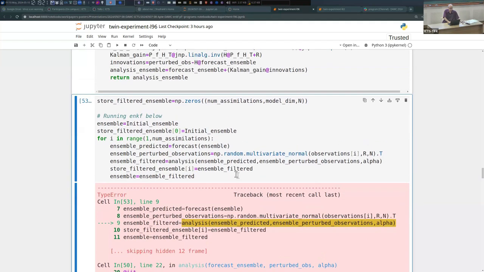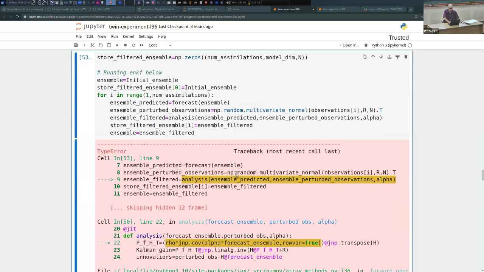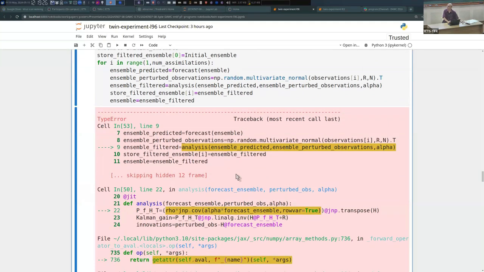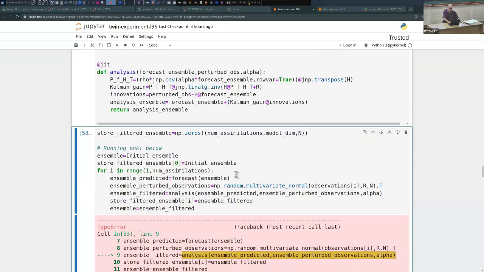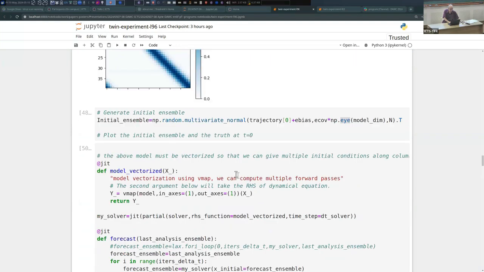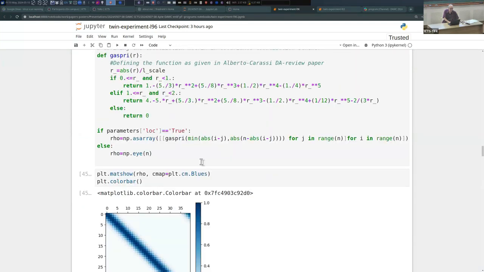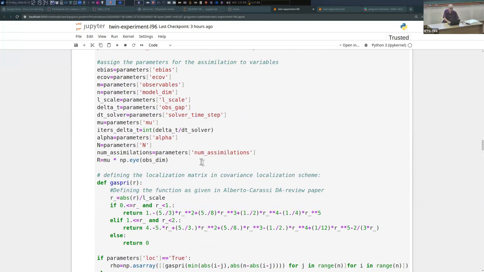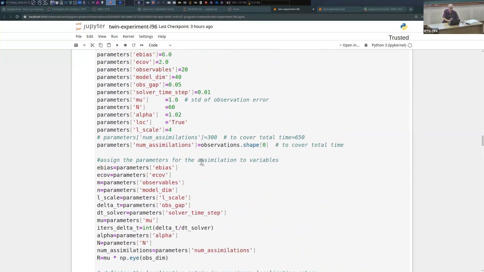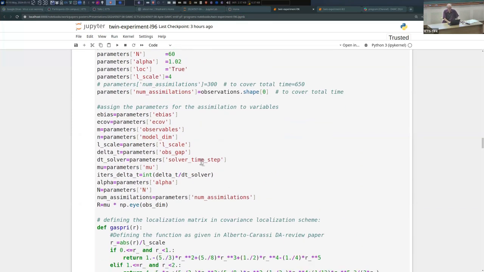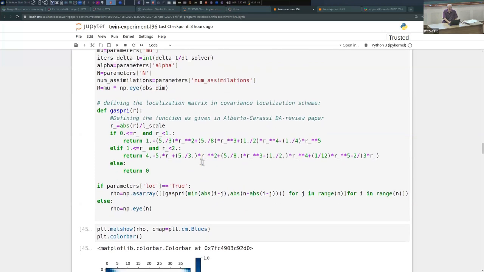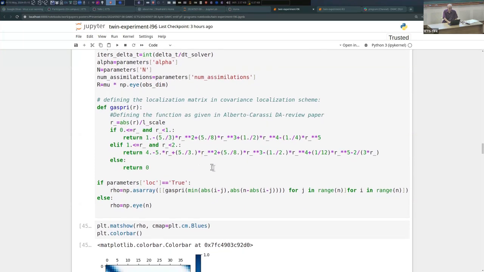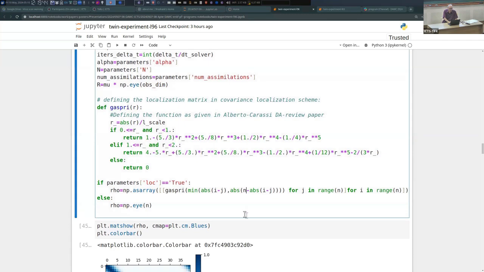Why is it still wrong dimensions? So something was hard-coded for 40 dimensions. What was hard-coded for 40 dimensions? Sorry about that. The code shouldn't be written like this. Code should be written so that they are modular. Oh, yeah, the little n here.